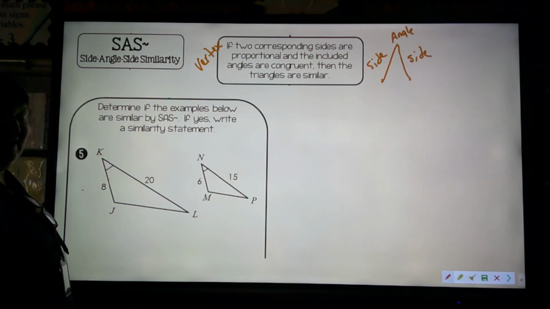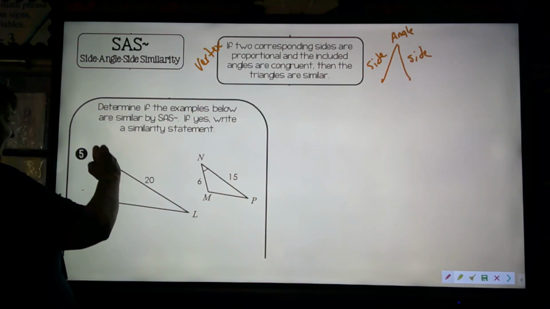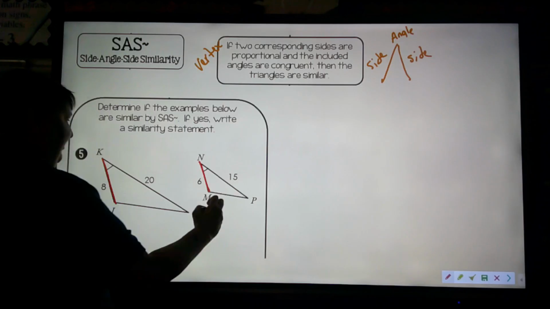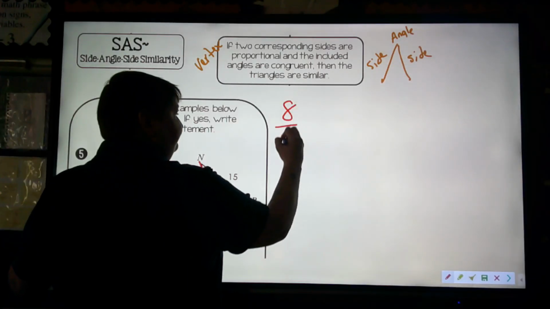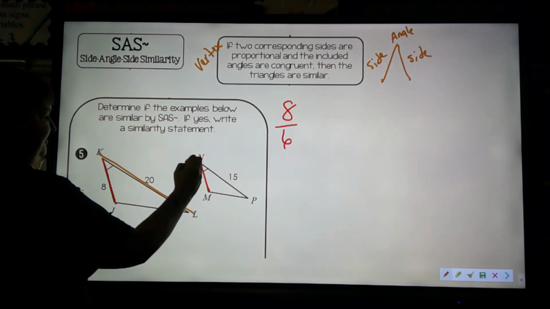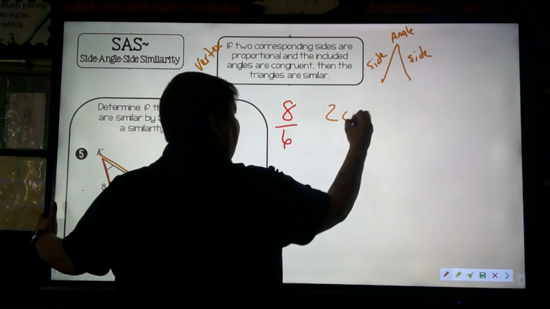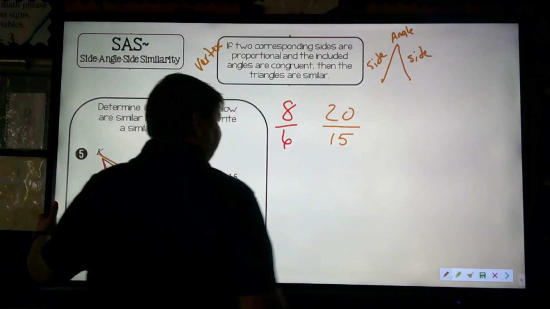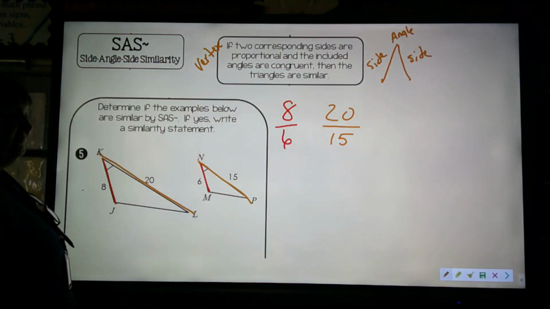Now we just need to figure out if the sides are proportional. So we need to find the ratio. So this side matches this side. So 8/6. This side matches this side. 20/15. Let's find the ratios.